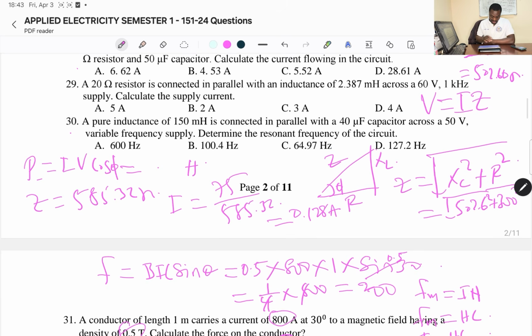So once I know the current, then I can calculate the power dissipated.